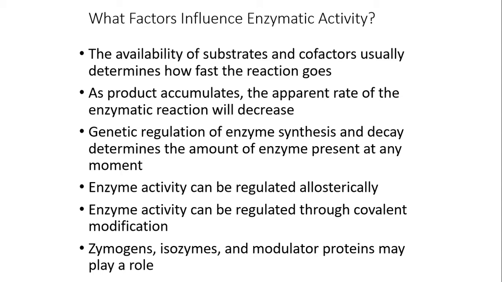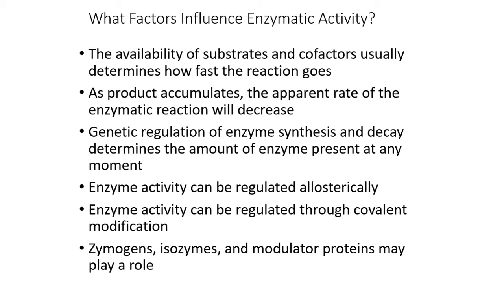There may be effector molecules that bind to sites other than the active site that allosterically regulate enzymes. So perhaps an enzyme is regulated by one of these effector molecules binding a different site on the enzyme, which causes a conformational change and inhibits that enzyme's activity.